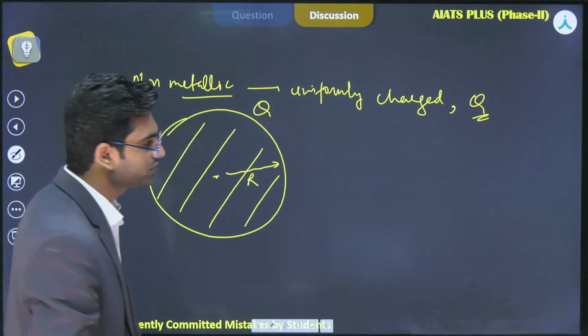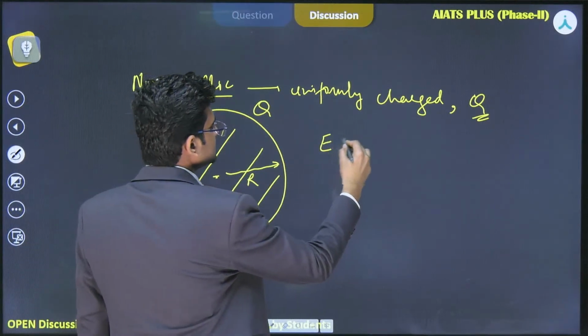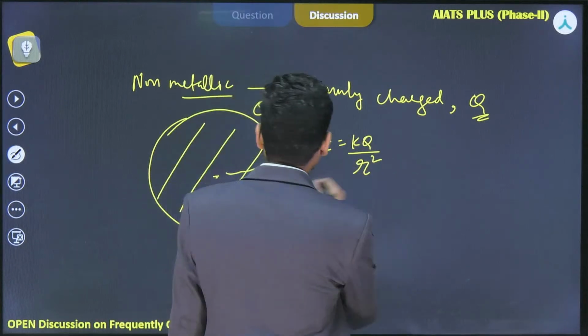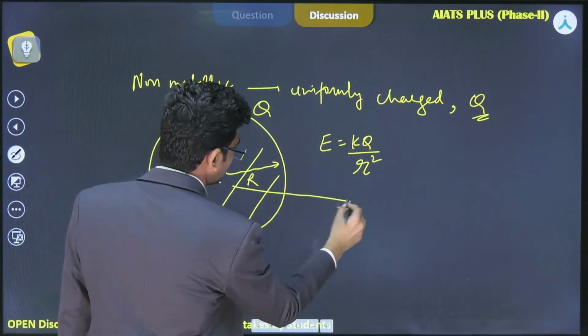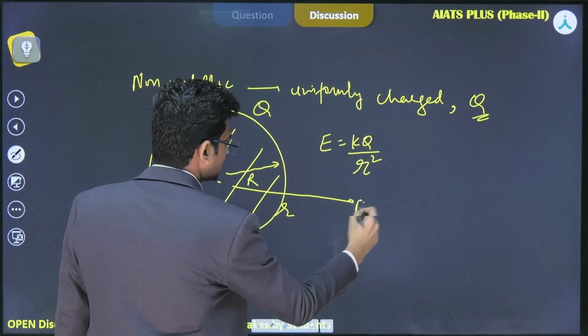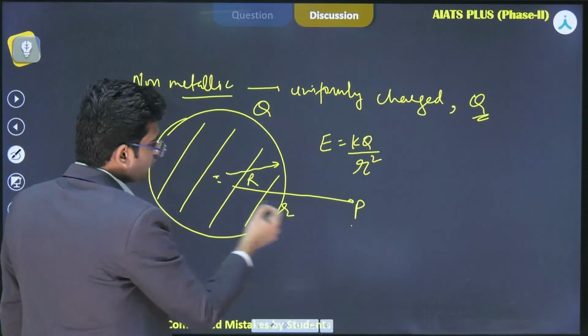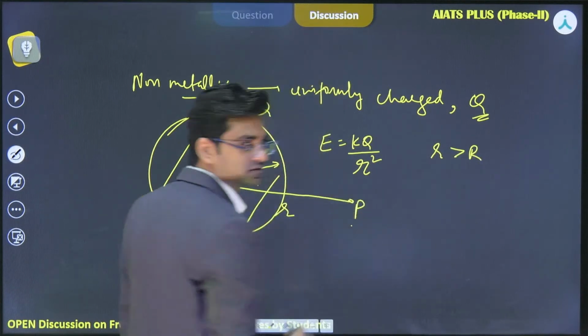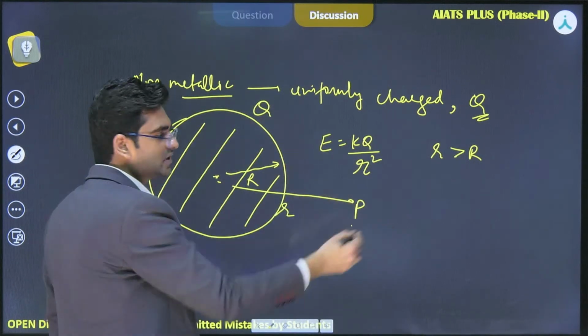What about the electric field? So the electric field is kq by r square. Here r is the distance of any point P from its center. So for r greater than capital R, E equals kq by r square outside.